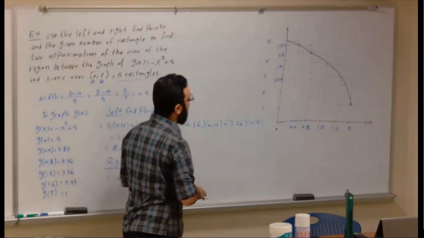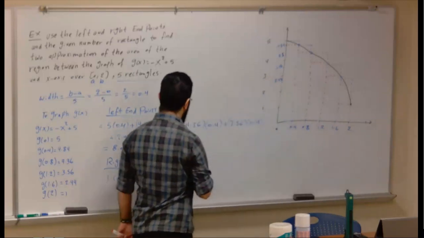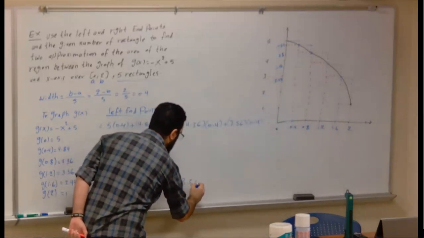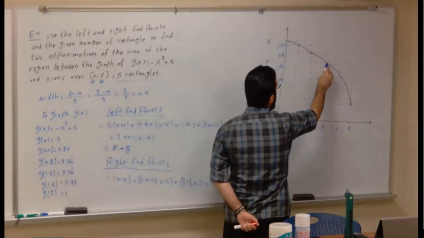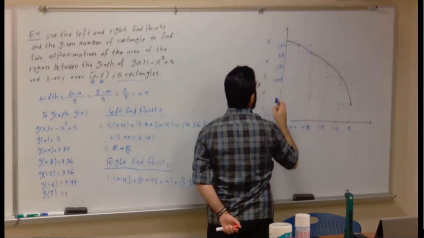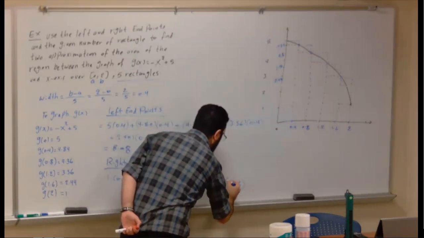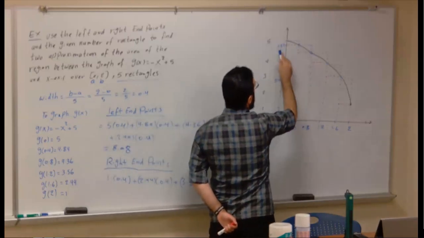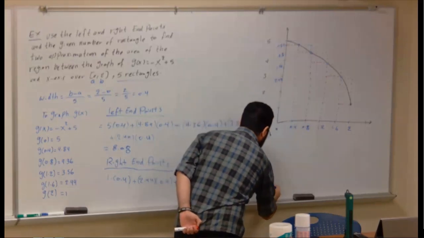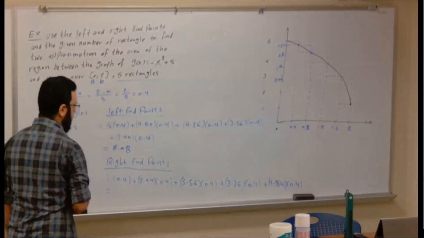The length for the third rectangle, which is this one, is going to be 3.56 times 0.4. Here's the third one. For the fourth rectangle, it is going to be 3.36 times 0.4, and for the fifth one, this one, 4.84 times 0.4. Tell me how much it's going to be.